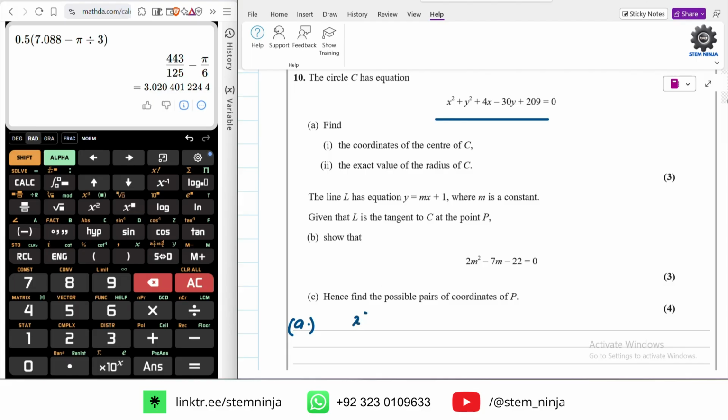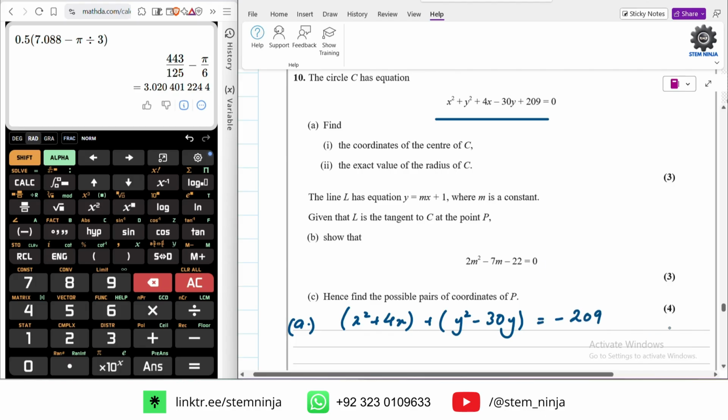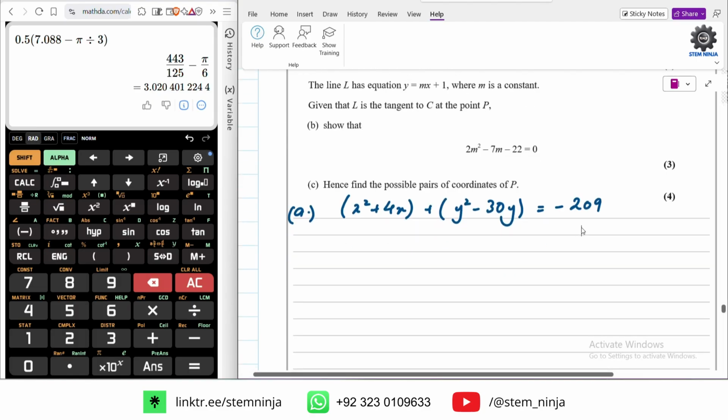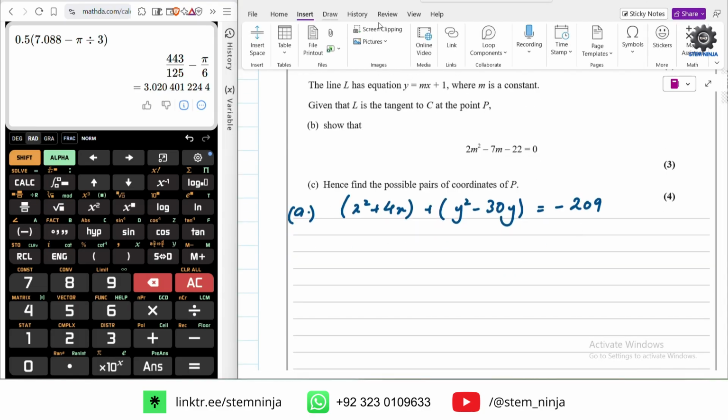So first we will write x squared plus 4x, y squared minus 30y, and plus 209. Right, now we need to complete the squares for this one.